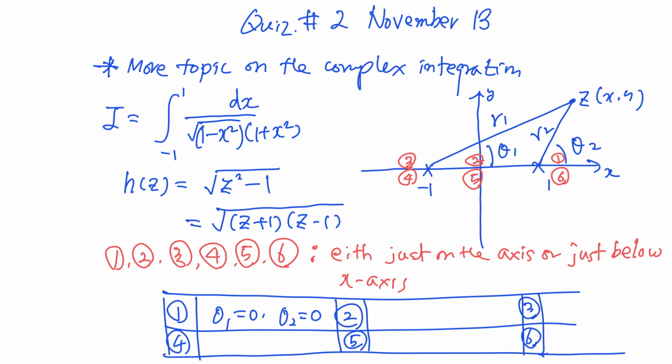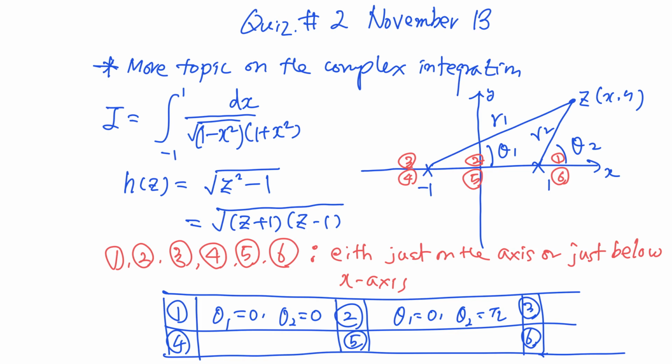What happened to this point? Now, for this point, we are assuming that z is on the y-axis, and then going down toward the x-axis. Then θ1 is still 0, right? How about θ2? So θ2 is pi. How about this point?